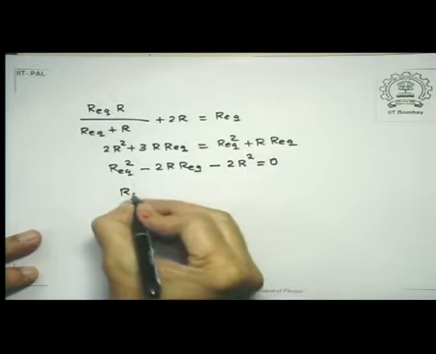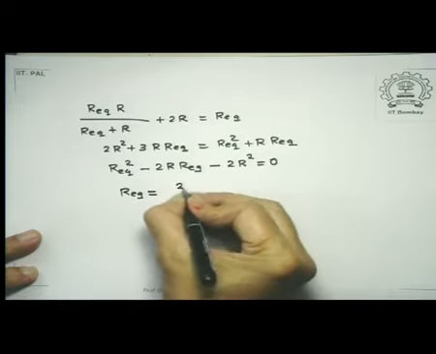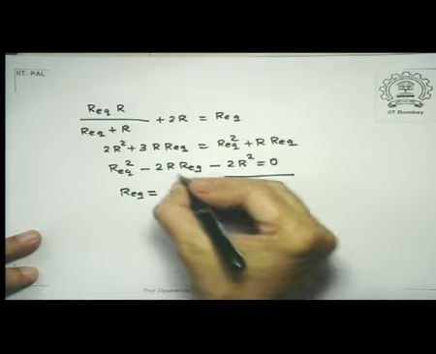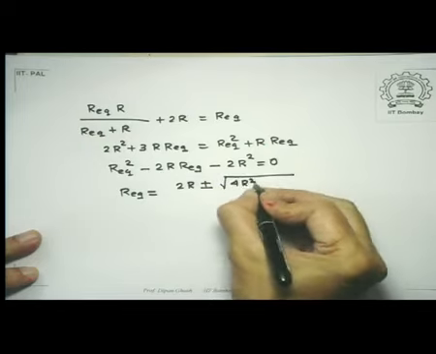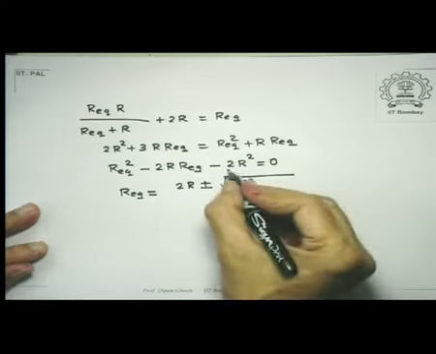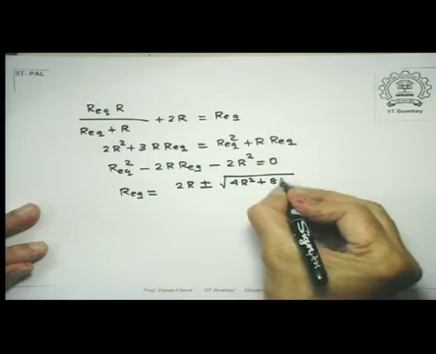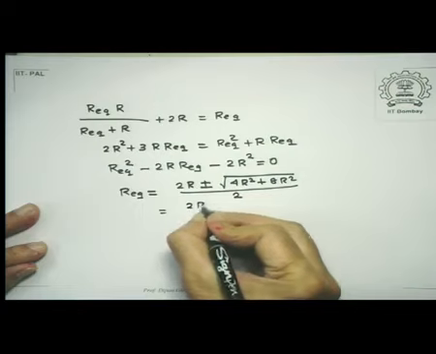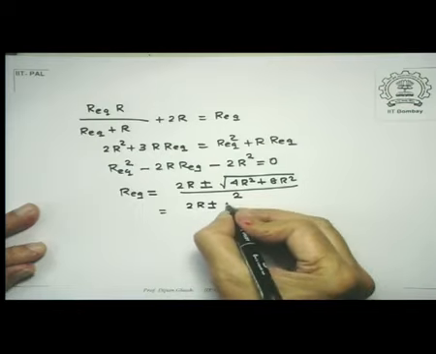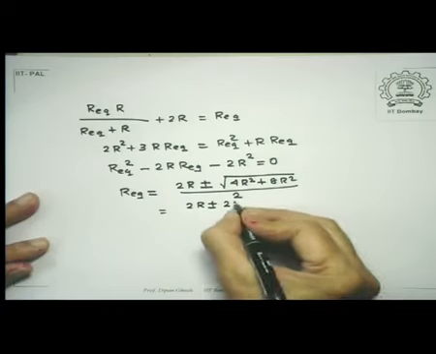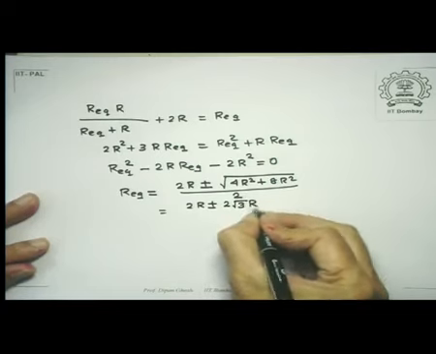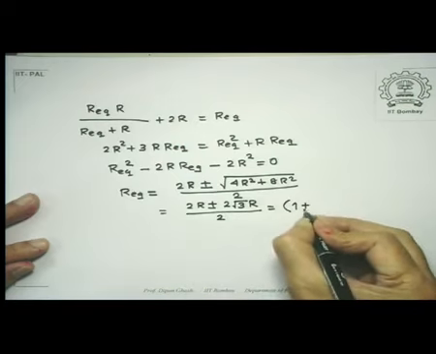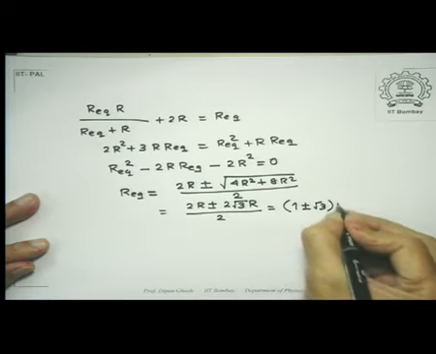So the solution for Req is 2R plus or minus square root of 2R whole square, that is 4R square, plus 4 into 2, 8R square, divided by 2, and that's equal to 2R plus or minus, take away a 4, so I get 2 times square root of 3 times R divided by 2, which is equal to 1 plus or minus root 3 R.